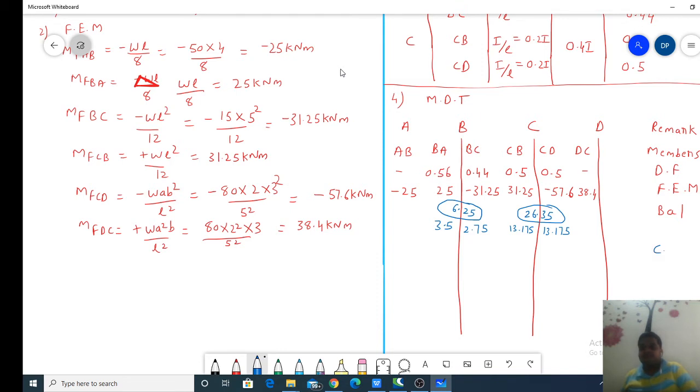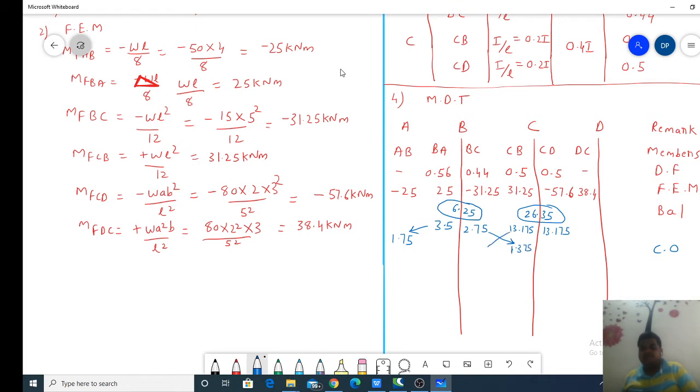Now after balance I need to do carryover. Carryover is, if the far end is fixed or continuous, I need to transfer. A is fixed, so half of this, 3.5 divided by 2, comes out to be 1.75. And as C is continuous, I also transfer half of this, 2.75 by 2, which comes out to be 1.375.